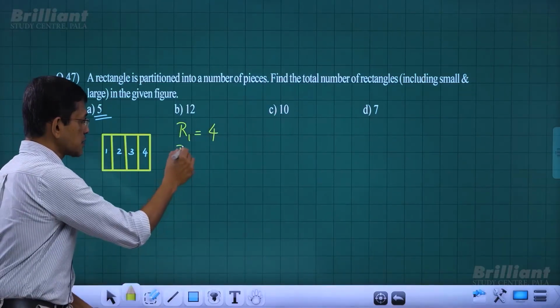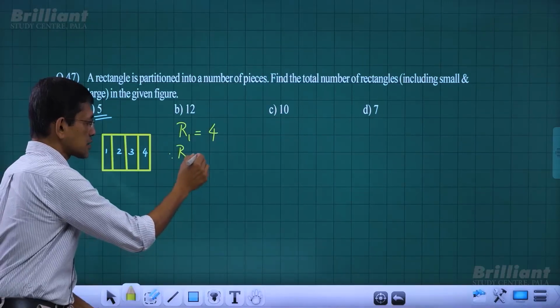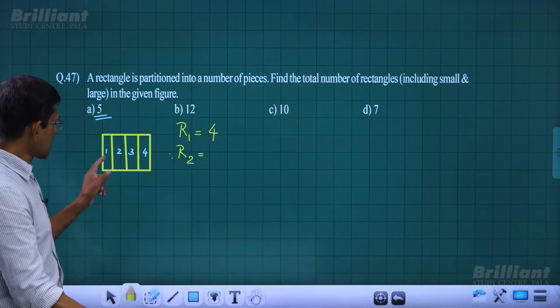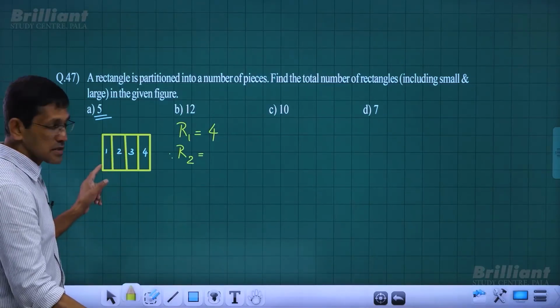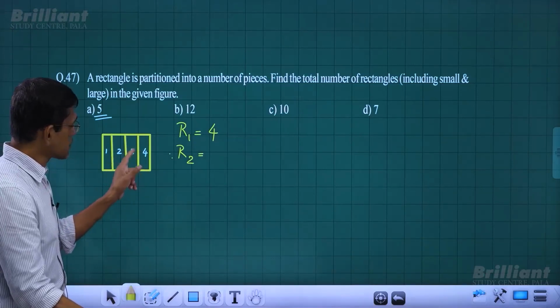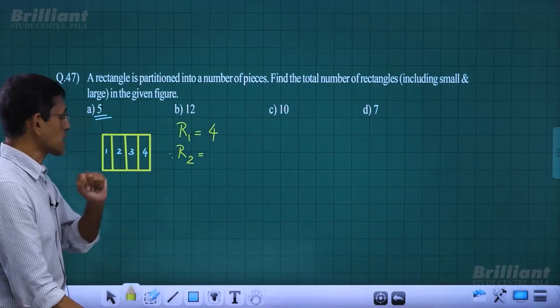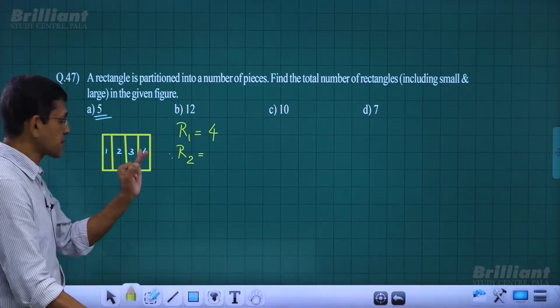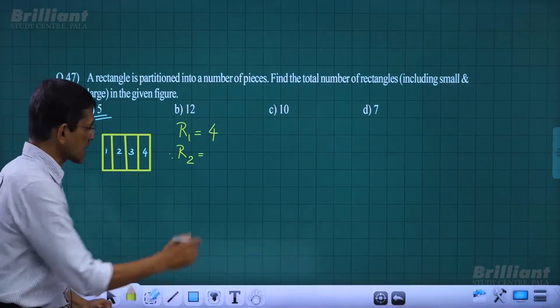Now I take 2 pieces together, indicated by R2. That means 1 and 2 together, that's a rectangle. 2 and 3 together, that's a rectangle. And 3 and 4 together, that's a rectangle. So we have 3 rectangles.